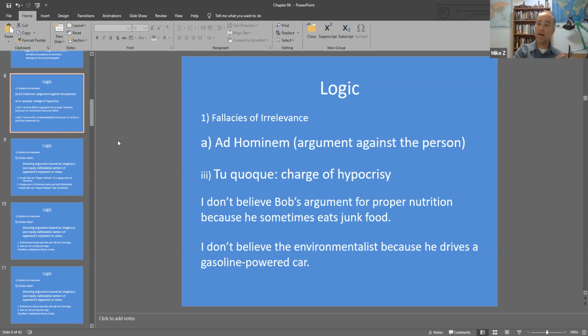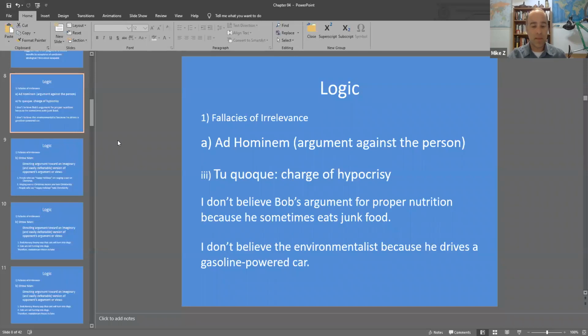We say, oh well, I'm not going to accept his argument because he himself eats junk food, so he's a hypocrite, so therefore his argument is wrong. Like, well, the fact that he's not following the guidelines doesn't mean that the arguments in favor of those guidelines are bad. They might be really strong reasons and the guidelines might be really excellent. It's just that Bob himself needs to follow his own guidelines.